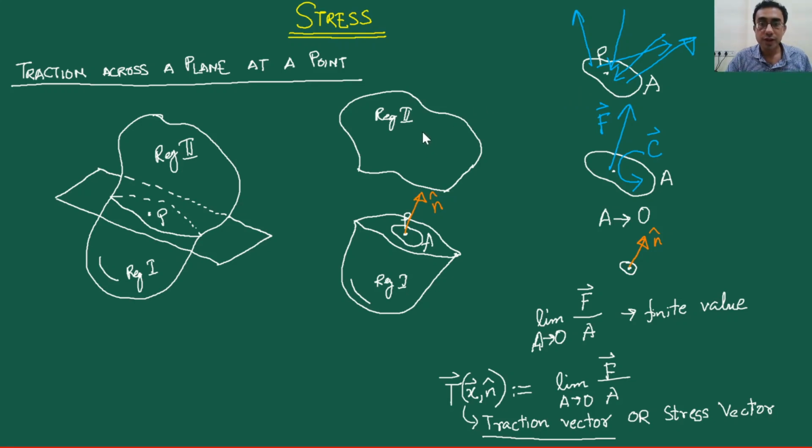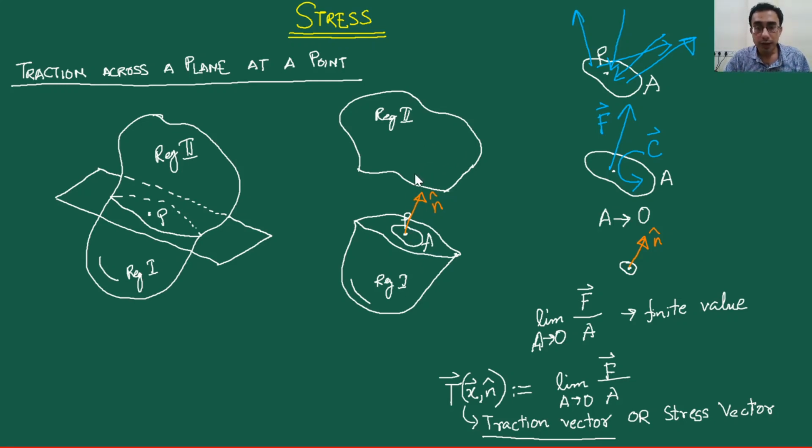So it is actually the region 2 which is exerting these forces on the region 1 over the area A. Now, just like the region 2 is exerting forces on the region 1, by Newton's third law, the region 1 is also exerting the same but oppositely directed forces on the region 2.